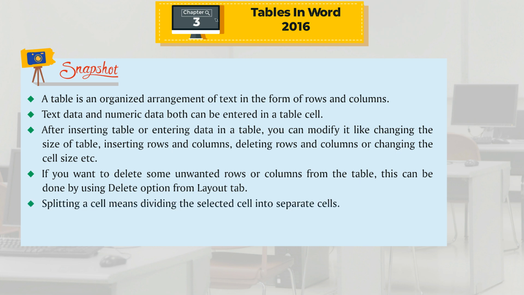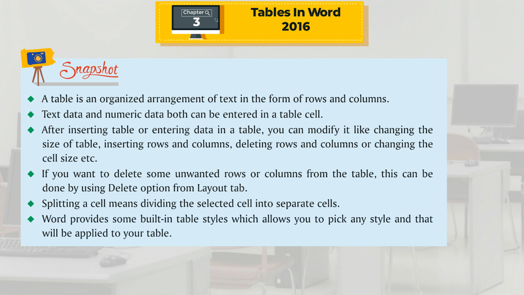Splitting a cell means dividing the selected cell into separate cells. Word provides some built-in table styles which allows you to pick any style and that will be applied to your table.